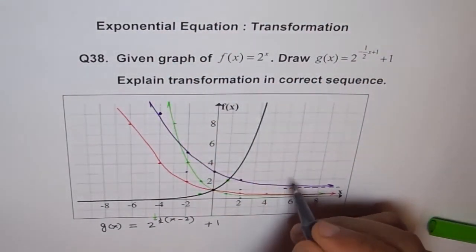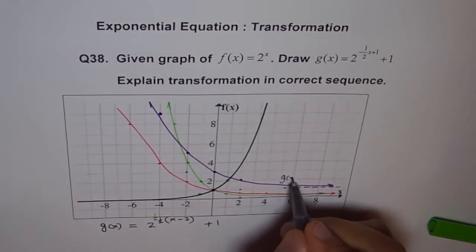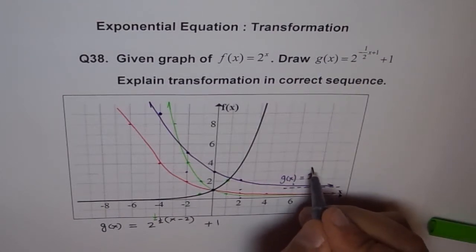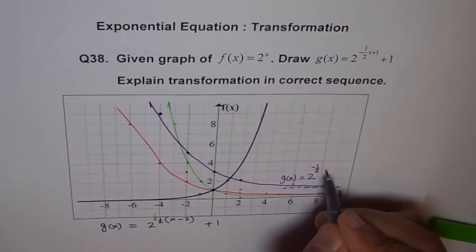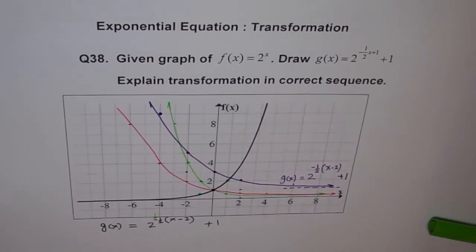Correct. So that is g of x, right? This is g of x, which equals 2 to the power of minus half, x minus 2, plus 1, correct?